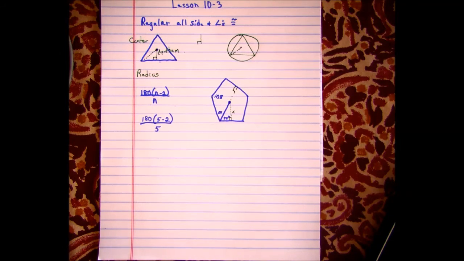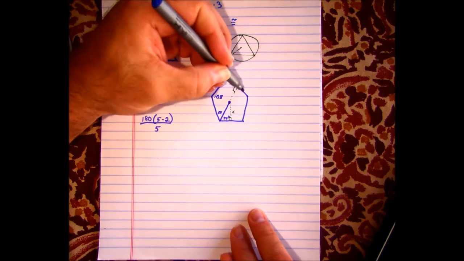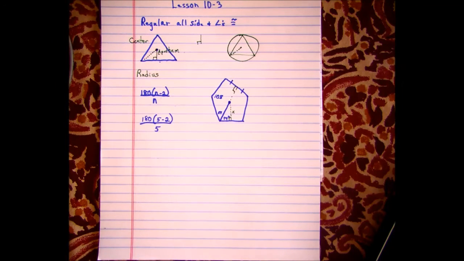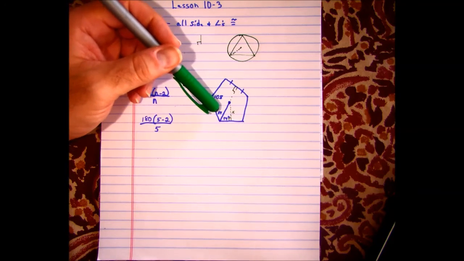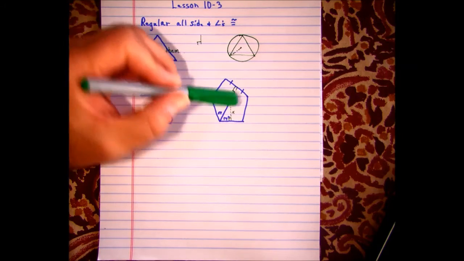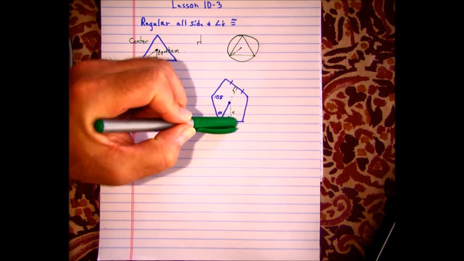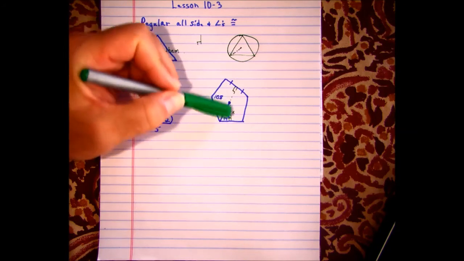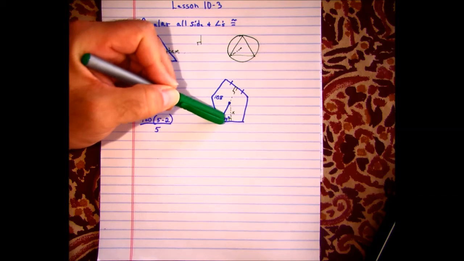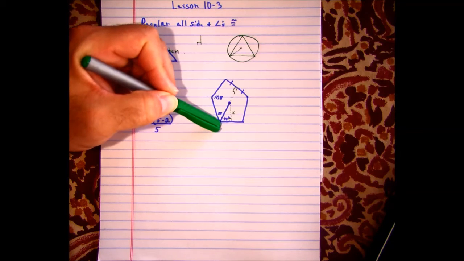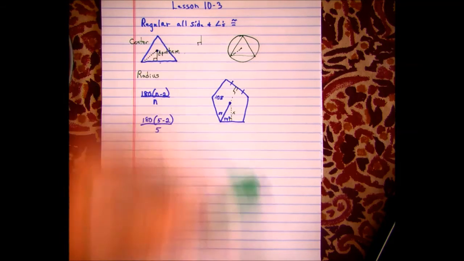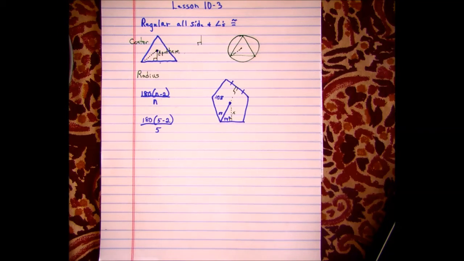So that means all of these side lengths are always cut into 2 equal pieces. So these are all important pieces of information. Understanding that the apothem is a segment bisector, and the radius is an angle bisector. The radius will always bisect the angles. These are properties that you need to keep in mind when doing any of this work.